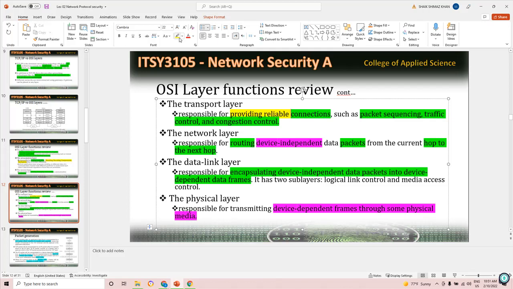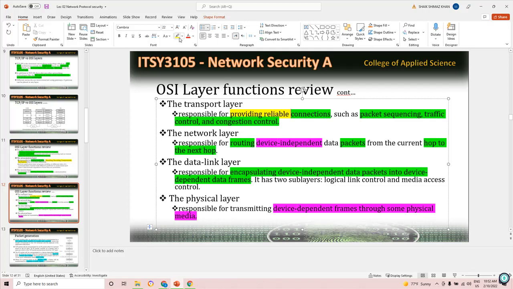For example, when the packets go from one system to another system, they go through different routes, different routers in the network. When they reach the destination, before the destination system processes these packets, they should be arranged in the same order, by sequence number.